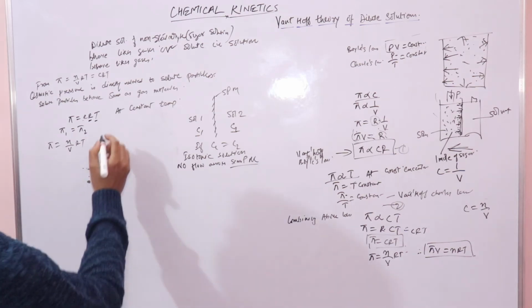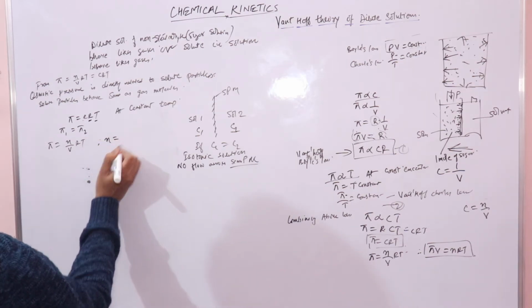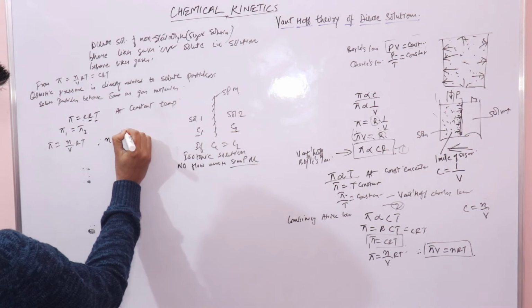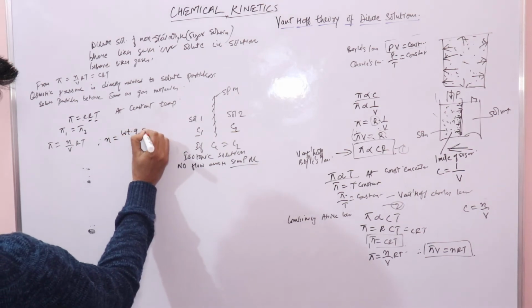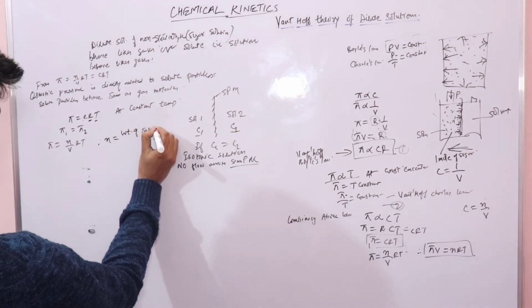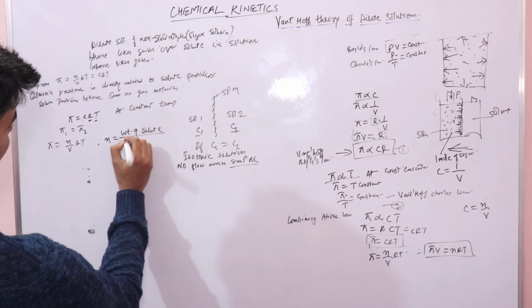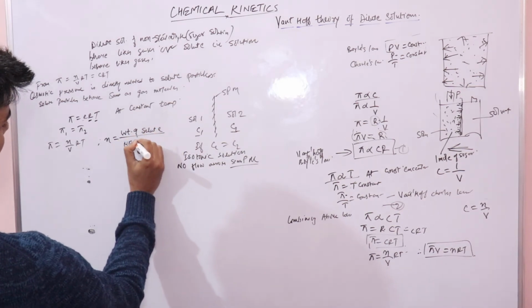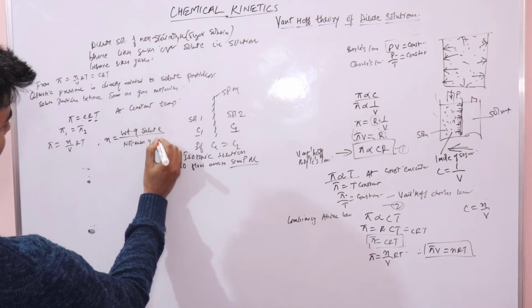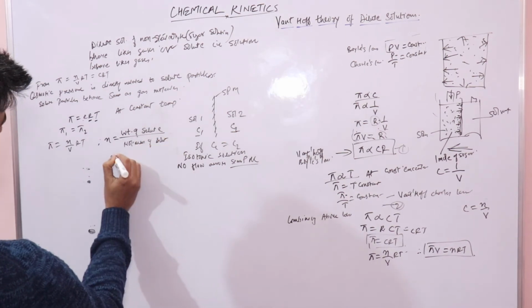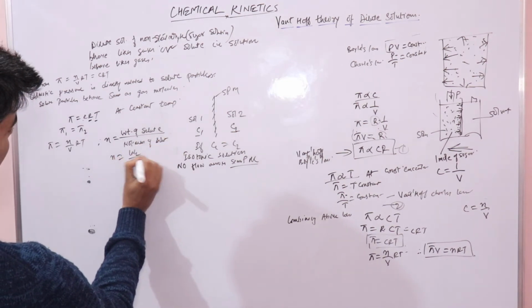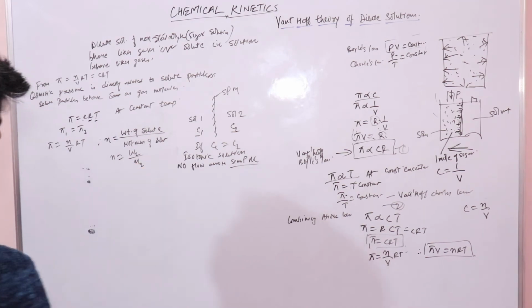And we know that the number of moles n is equal to the weight of solute divided by the molecular mass of solute. Let's take the weight of solute as W2 and the molecular mass as M2.